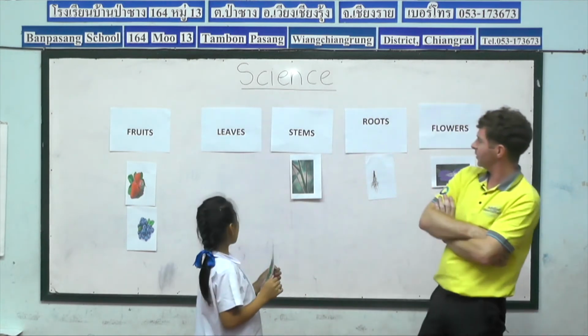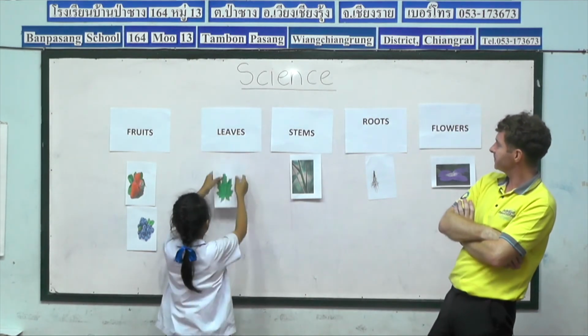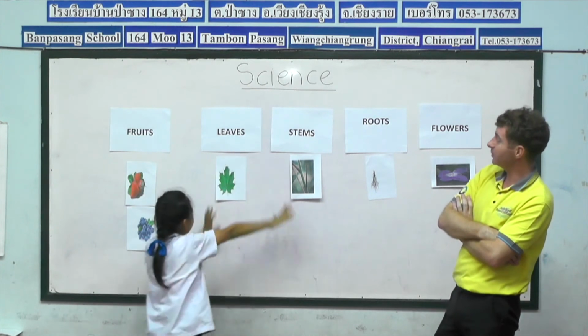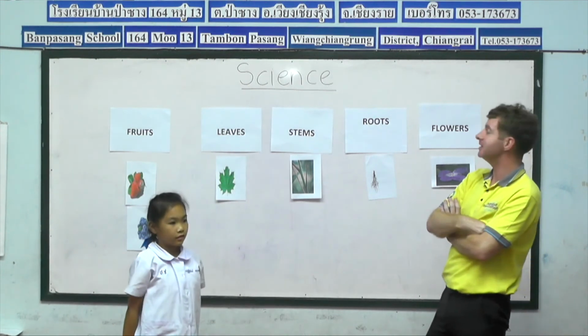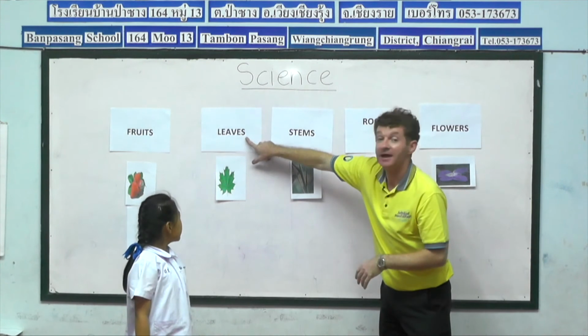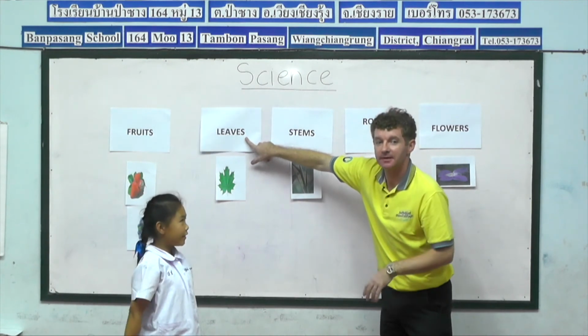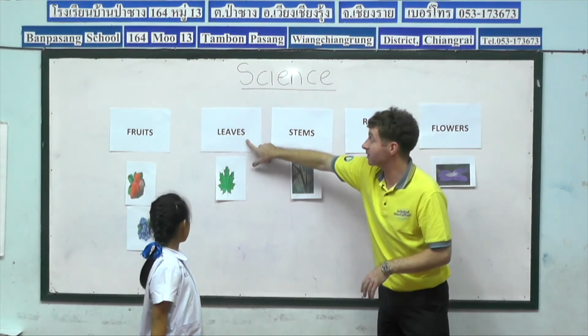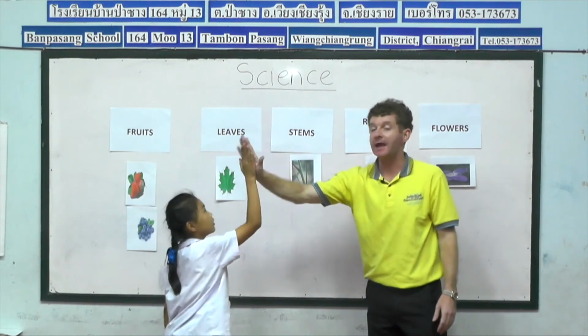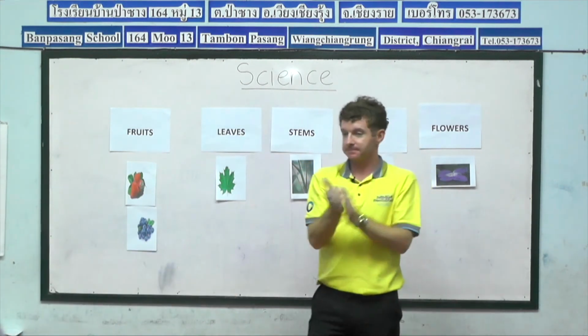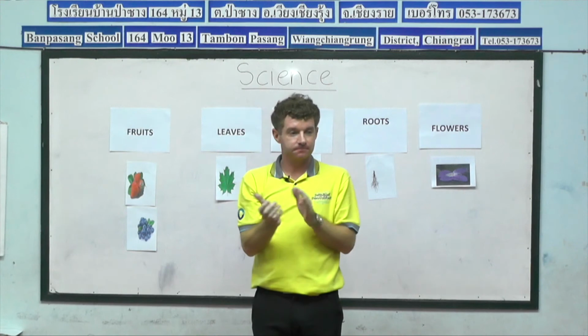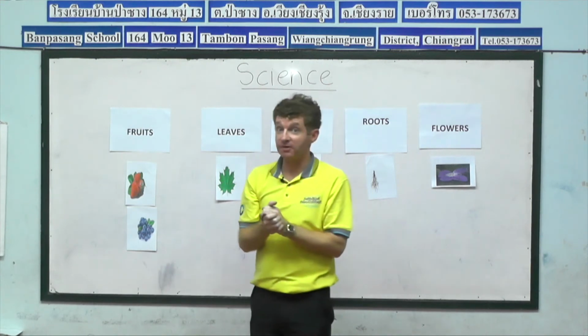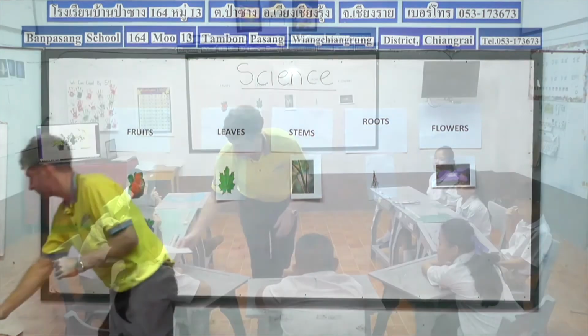So Nadia, where do you think we will put them? Perfect. Yes, you can see big green leaf. So altogether, leaves. A main part of the plant too. Nadia, excellent. But we're not finished yet. Still more pictures.